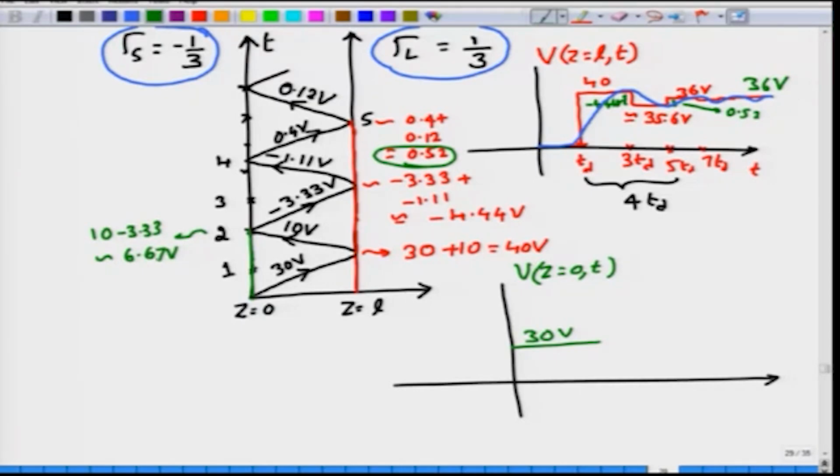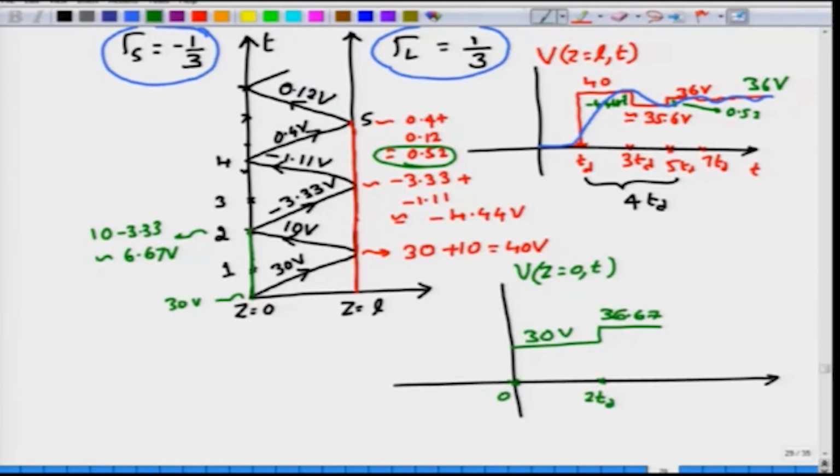Yes, so this is 6.67 volts, which would add on to this 30 volts. So, there is already 30 volts here which is coming out in this way. So, at 2 TD you have a total voltage of 30 plus 6.67, so at 2 TD this will just jump to 36.67 volts. Okay. So, this would be at 2 TD, this is of course at 0.